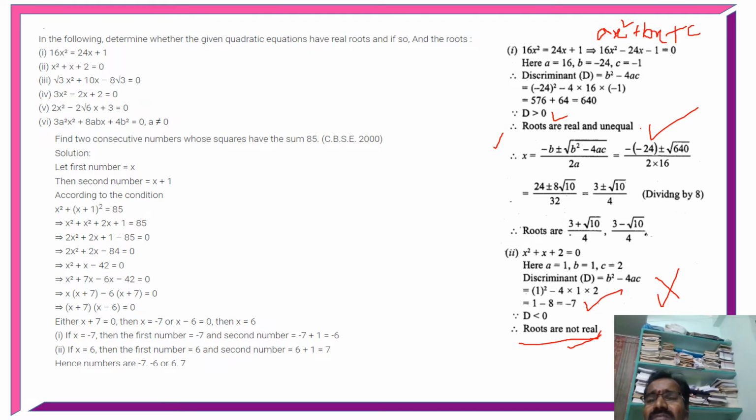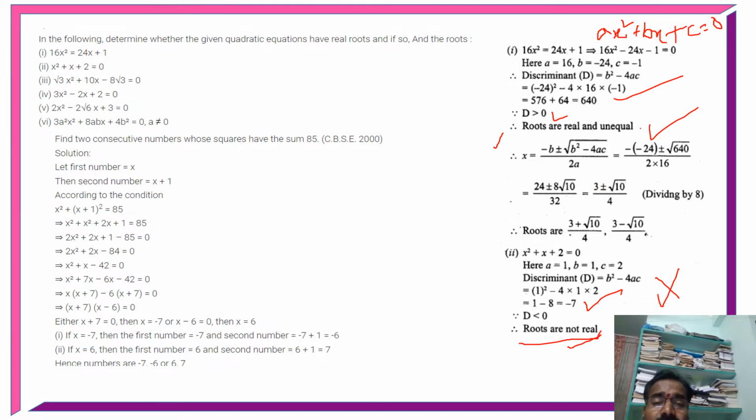If you compare with the standard form of the quadratic equation, a value is 16, b value is minus 24, c value is minus 1. Here we substitute and simplify according to the formula: minus of minus 24, that is plus 24, plus or minus 8 root 10, over 32.